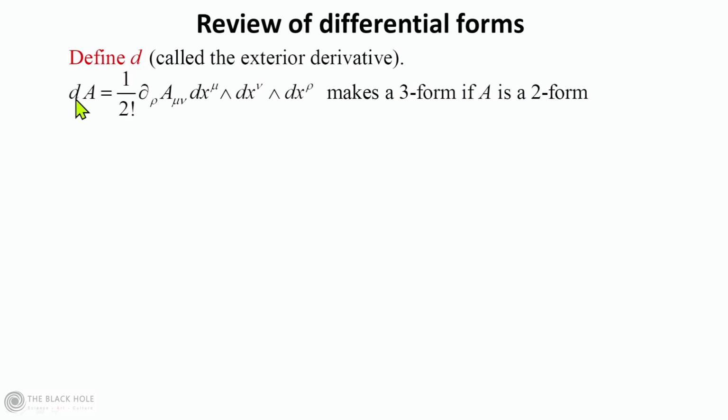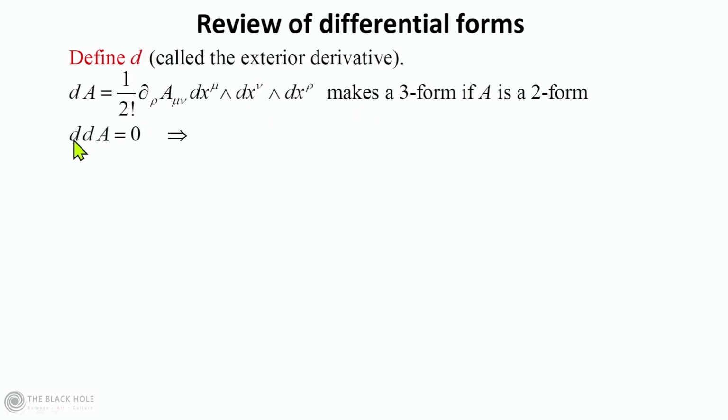So D acting on this 2 form A mu, dx nu, well, what it does is it differentiates with respect to another index, rho in this case, and puts a wedge over here. And so now we have a 3 form from a 2 form. So D raises the form index by 1.